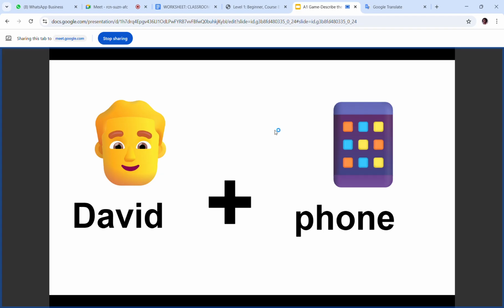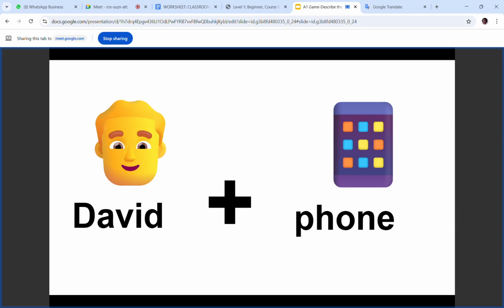All right, so now we have David and a phone. Who wants to do this one? Let's ask Wang Sei. Wang Sei, do you want to try? This is the diamond phone.